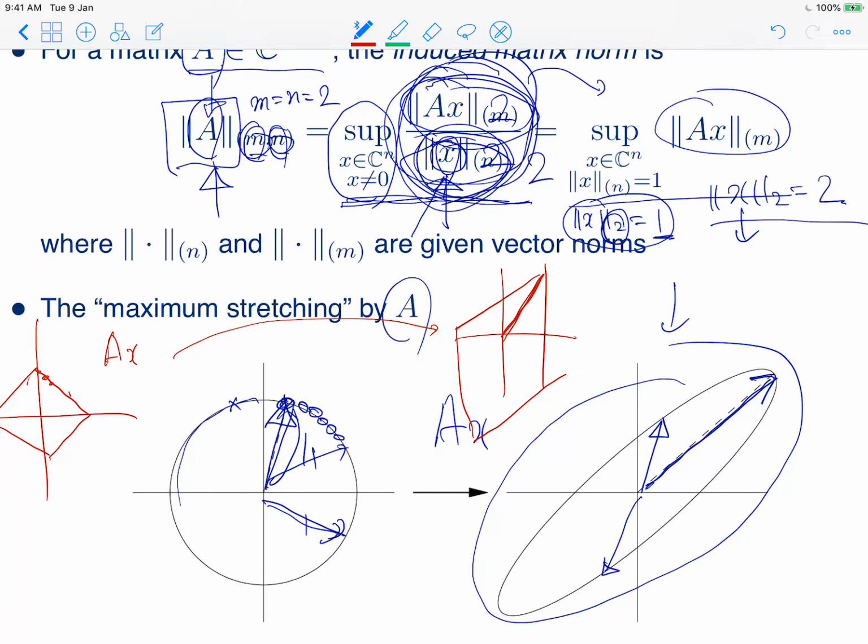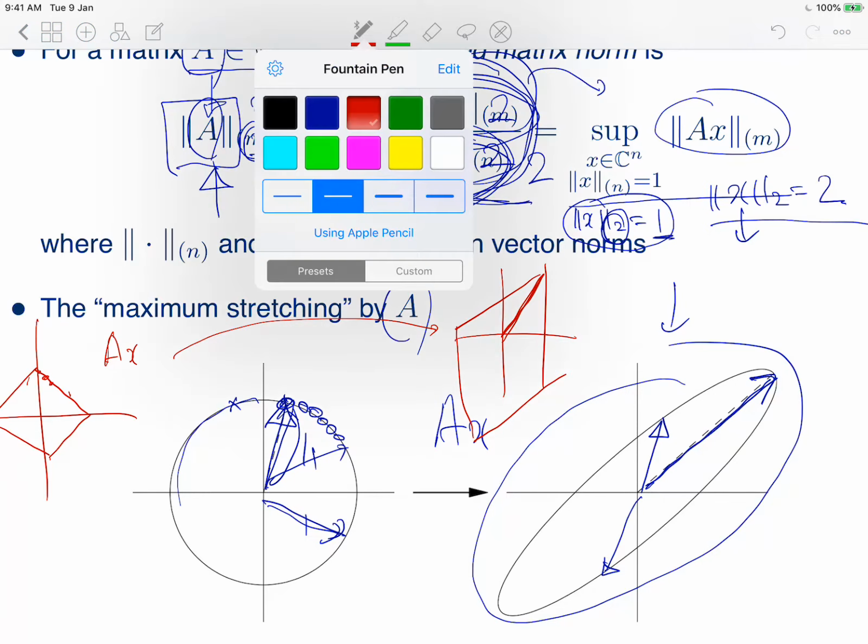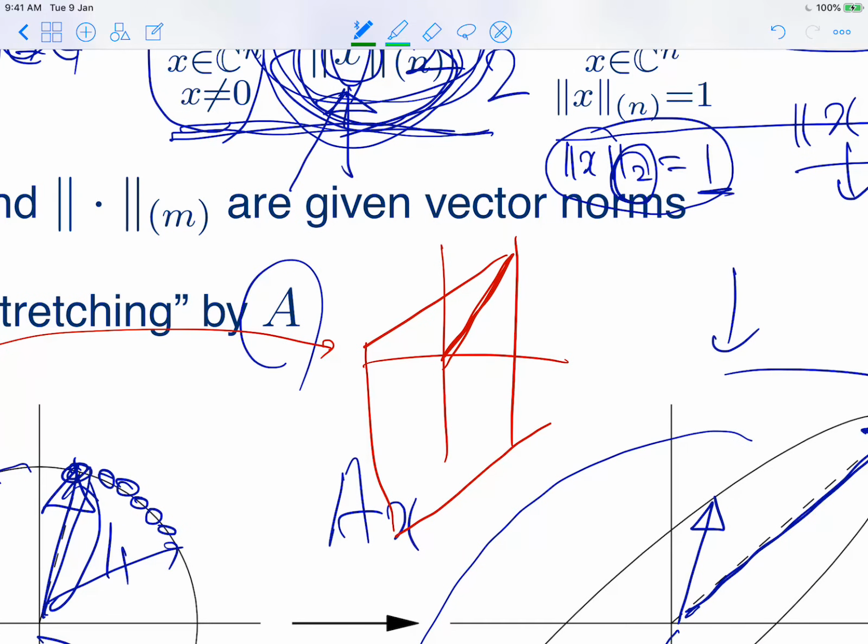But in this case, this one may not be the largest L1 norm vector, because in the case of an L1 norm, we should compute the L1 norm, for example, of this vector. This length is the L2 norm, and the L1 norm is sometimes called the Manhattan distance.